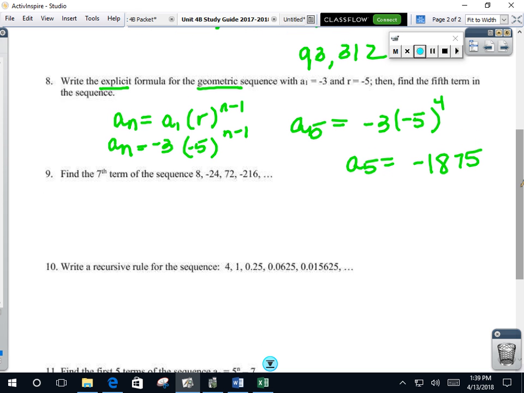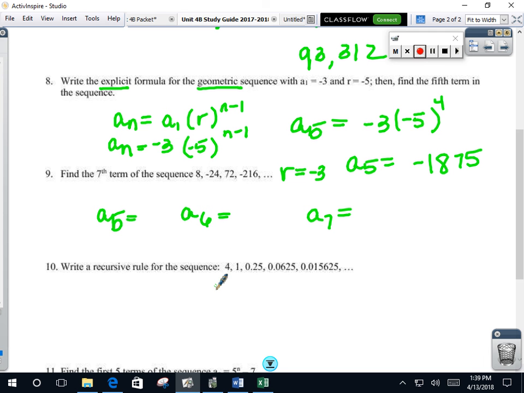All right, number 9. Find the 7th term of this sequence. Well, right now they've given us how many terms? Correct. We have the first 4, so we want to find the 5th, 6th, and 7th. Well, to be able to do that, what do we have to know? What the r is. And what is the r? Okay, because they're multiplying by negative 3 every time.